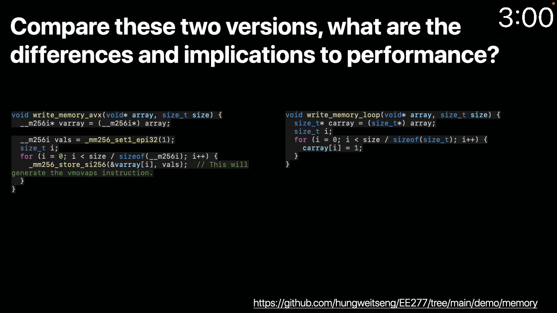So for performance, we would think that the left-hand side would be better, given that you're doing 256 writes in parallel in comparison to the individual writes on the right. Okay, any other thoughts?